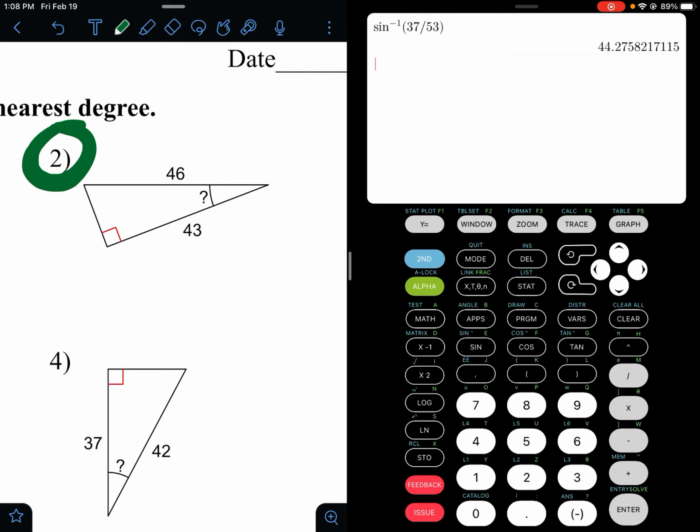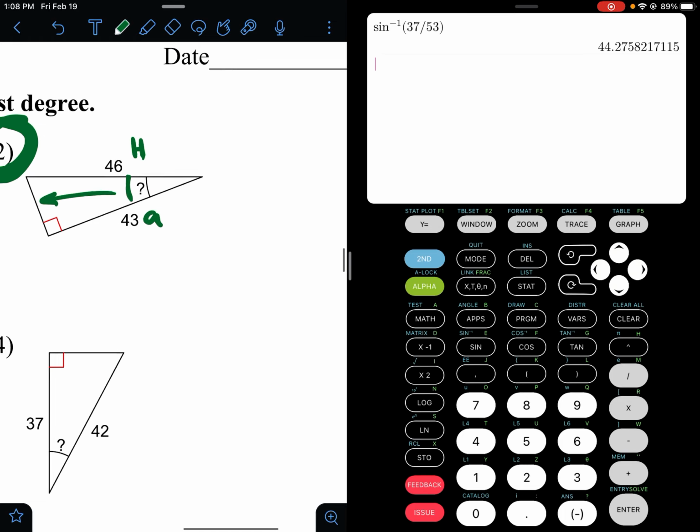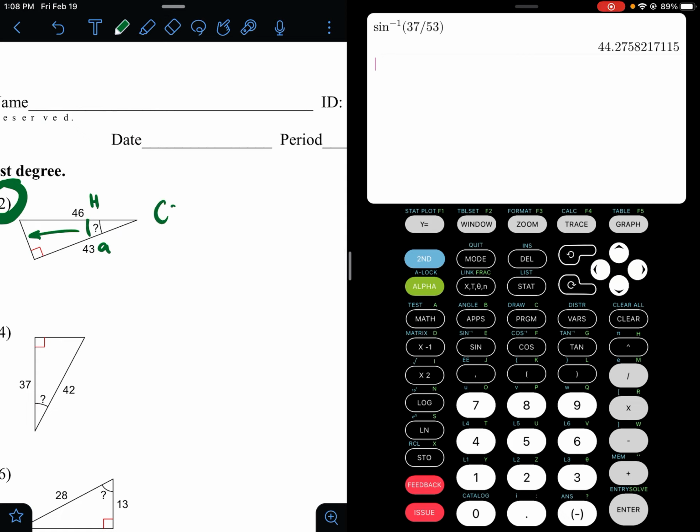Again, we have to figure out which sides we're given here. This is my opposite, and I know this guy's my hypotenuse, so this guy's got to be my adjacent. So I have adjacent and hypotenuse, so we're going to have to use cosine. Let's do cosine inverse of our adjacent, which is 43, over our hypotenuse, which is 46. So we do second cosine.